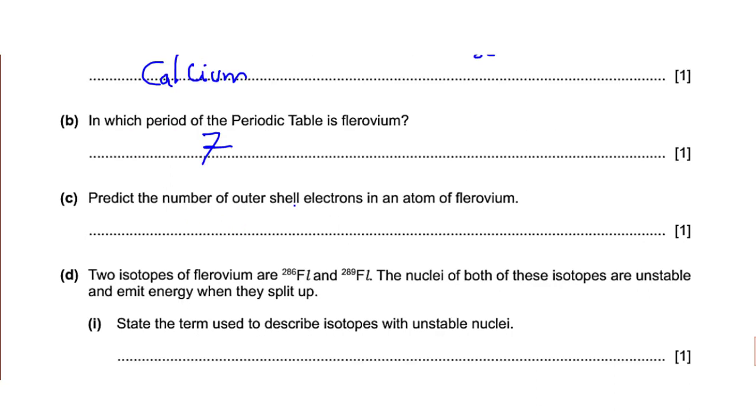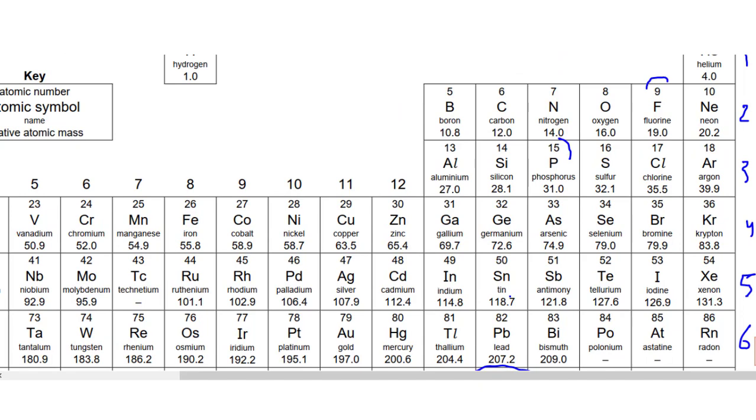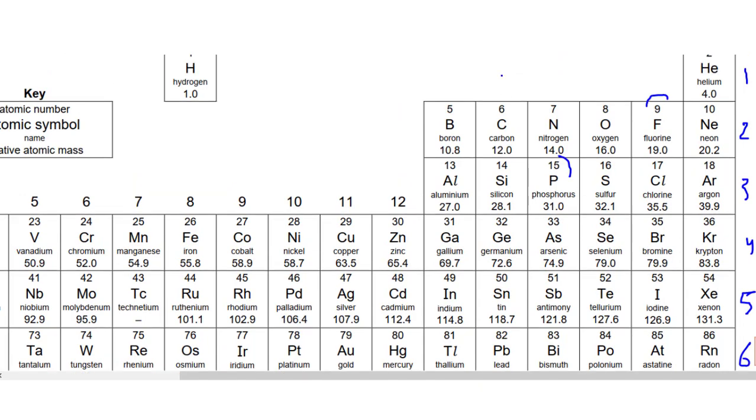Okay, so letter C, predict the number of outer shell electrons in an atom of flerovium. Now we should predict the number of outer shell electrons. We need to know the number of electrons in the outer shell. You know, guys, we can predict according to the group number. Here this is the group number.